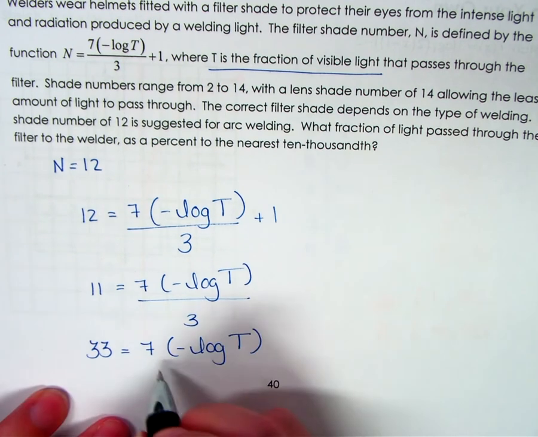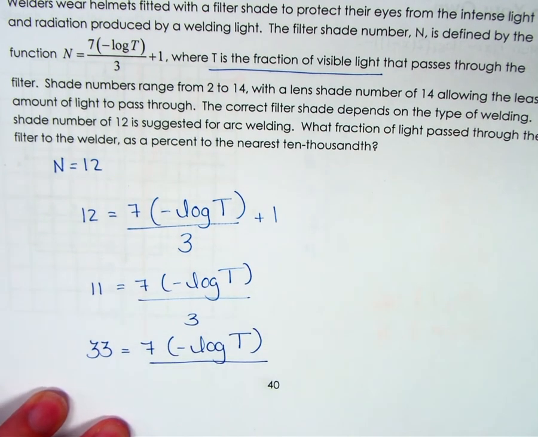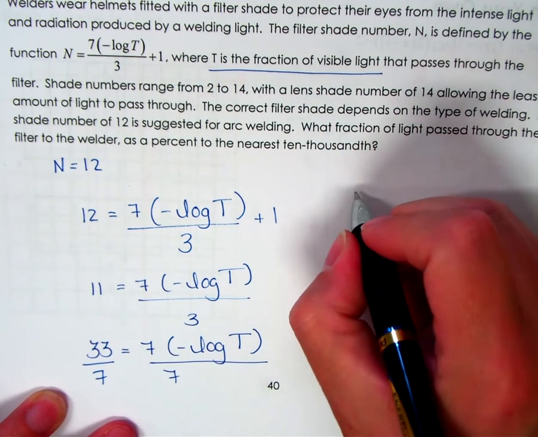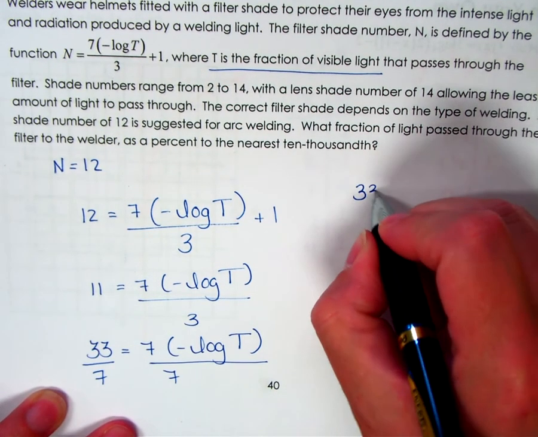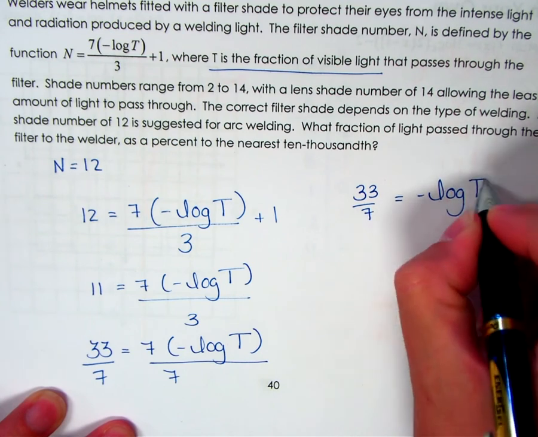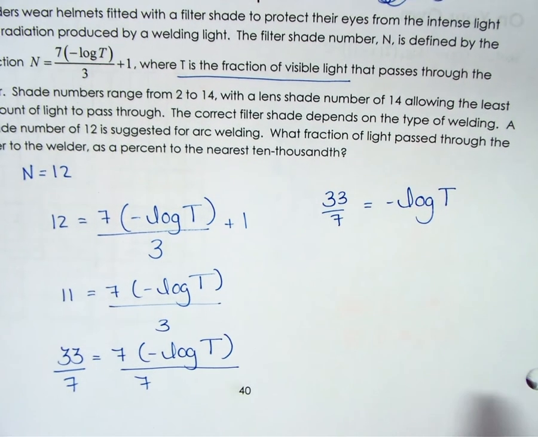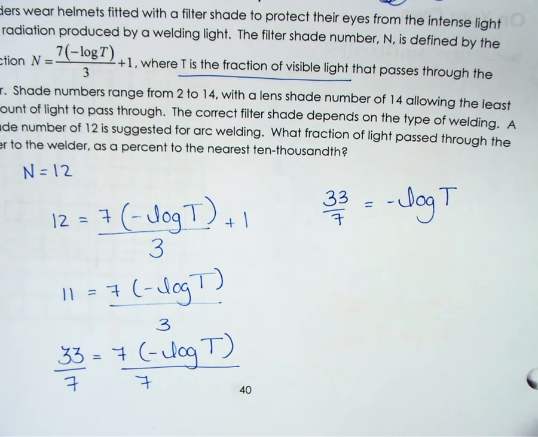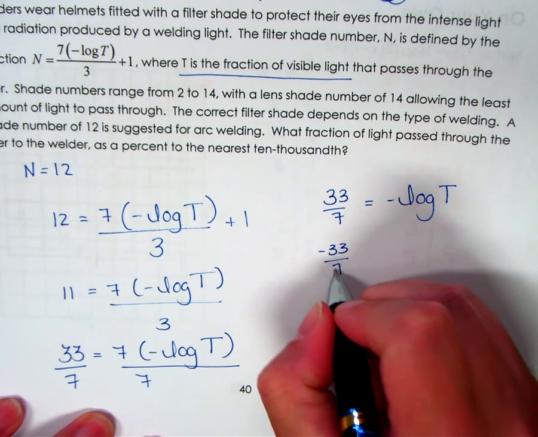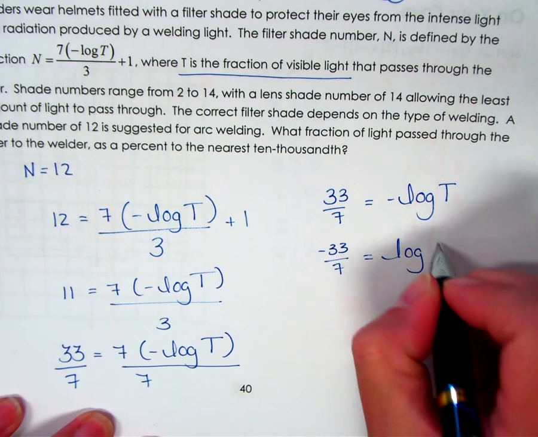Get rid of that 7. Because really what we're trying to do is isolate that log. So 33 over 7 equals negative log T. Take away the negatives, so we have negative 33 over 7 equals log T.